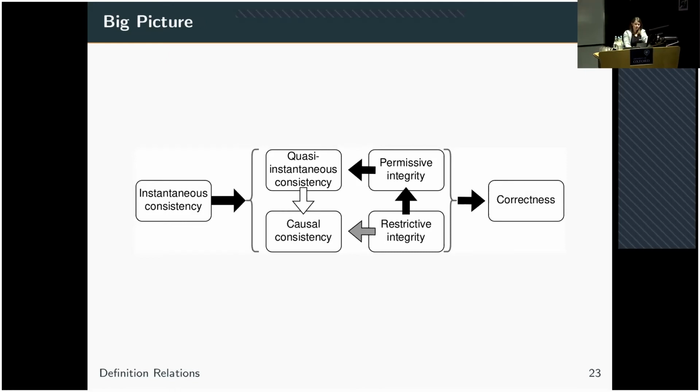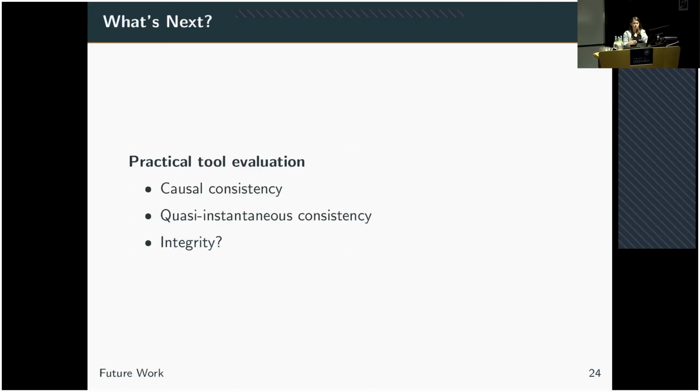Of course, now that we have worked a while in this abstract theoretical realm, it would be interesting to move a little bit more to the real world again.